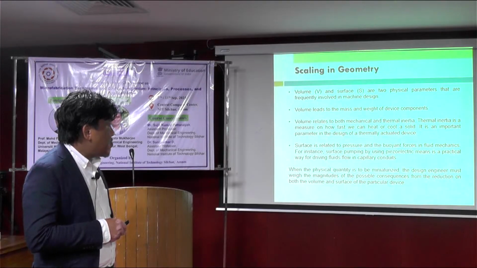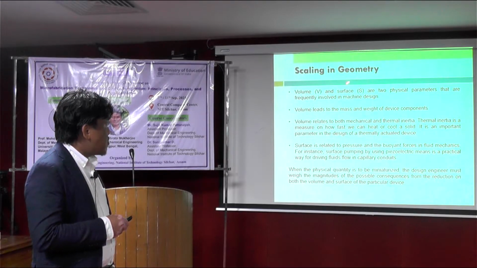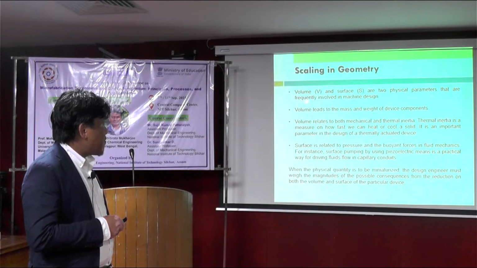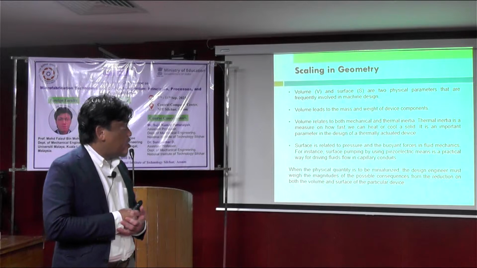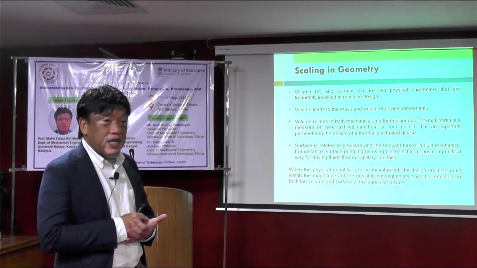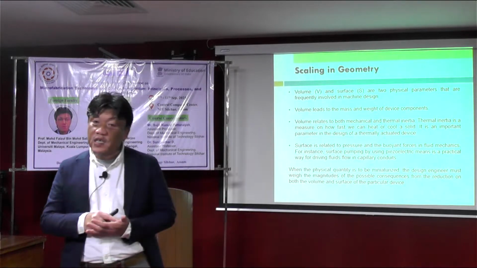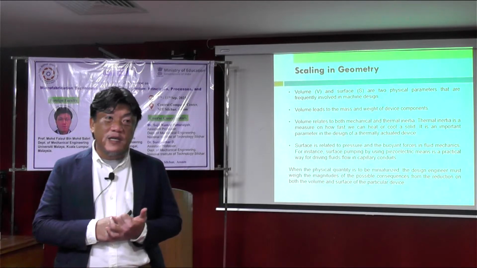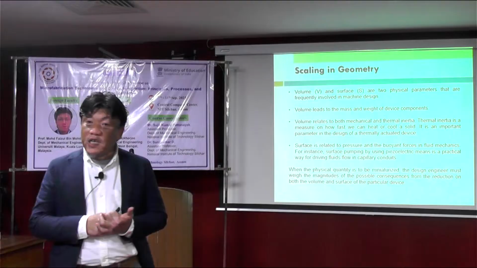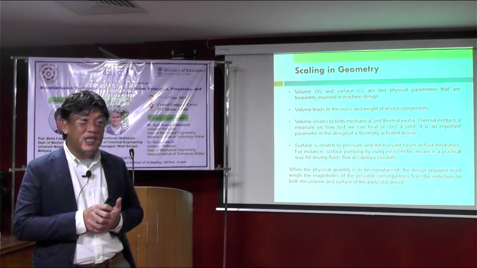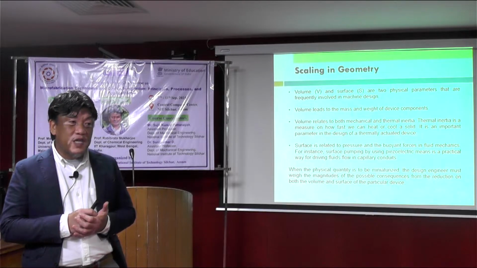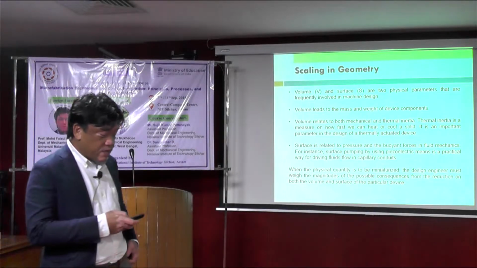You change the volume and the surface area, two physical parameters that are frequently involved in machine design. We know that volume is cubic, right? And the surface is square. That relationship will determine the ratio of the material and its behavior.